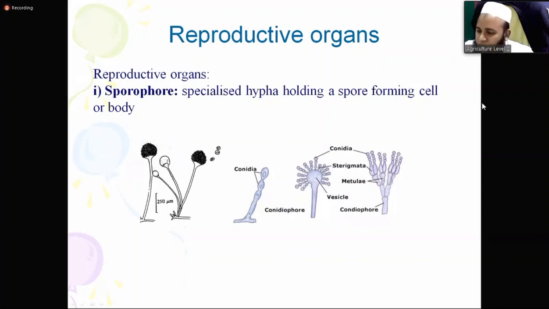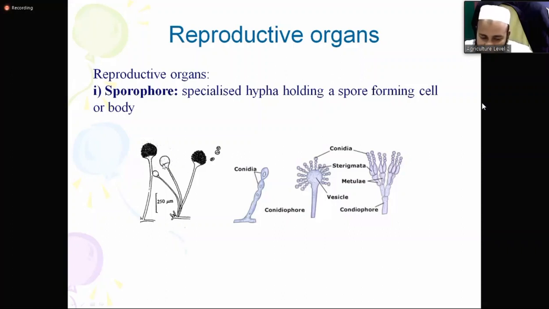This is called a sporangium. For example, these black things here are spores, and inside the structure, spores are formed. Not the spore, only this structure is called the sporangium. Sometimes when the spores growing inside are zoospores, we call it a zoosporangium.